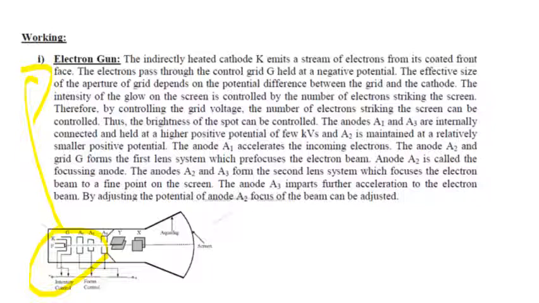Because electrons are already negative, and if you pass the electrons through a cylinder of negative potential, then they will not scatter. They try to move in an axial direction, in the same direction. That is why you can keep the electron passage focused in a particular direction. The effective size of the aperture of the grid depends on the potential difference between grid and cathode.